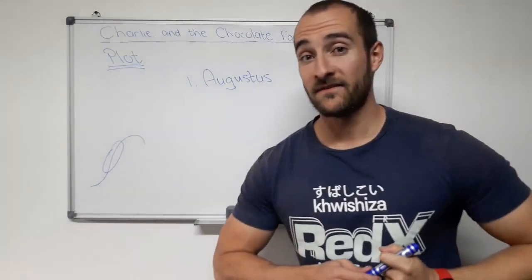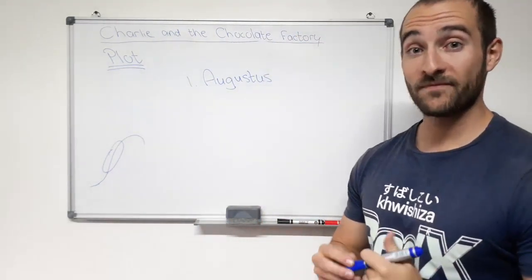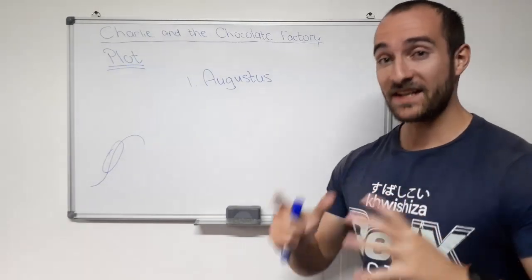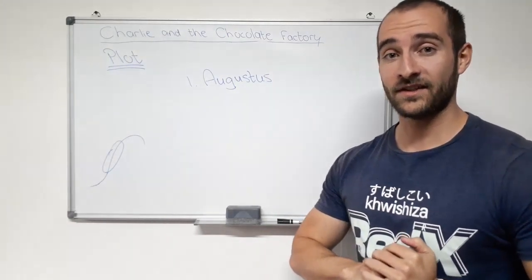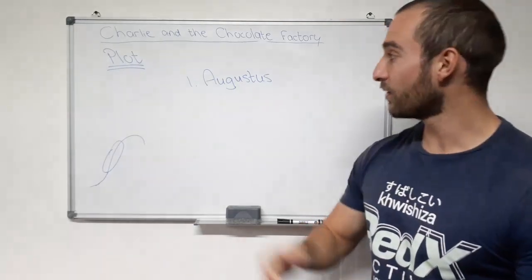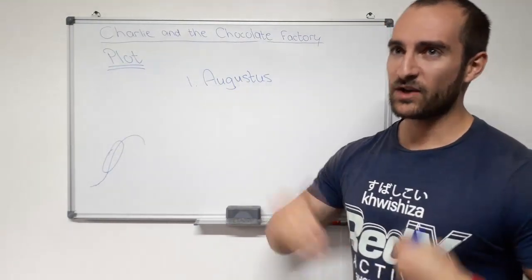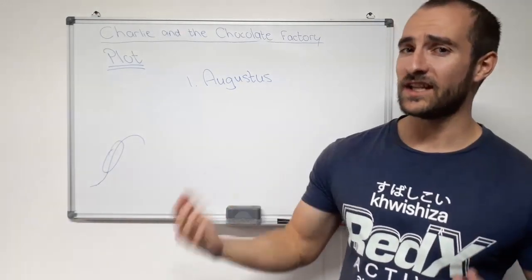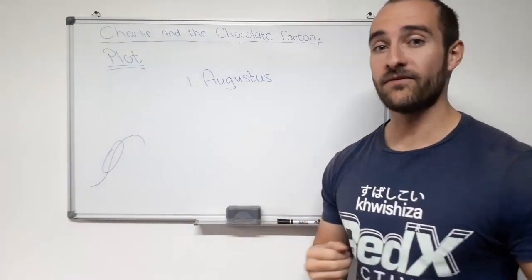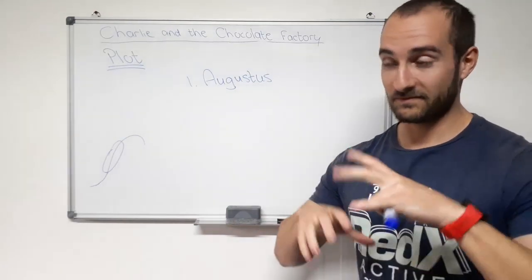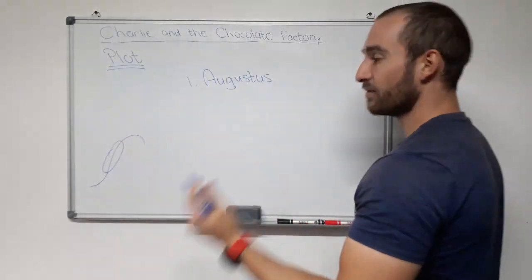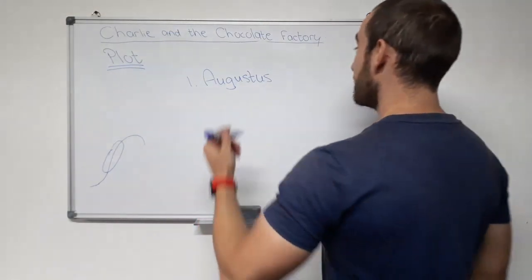We find out he's a very overweight young boy, which is a main characteristic of this character. Very important to remember, because all of these characters are in a way foreshadowed. So each of their personality traits are going to lead to their downfall at the end of the journey in the novel. So Augustus, our greedy boy, or gluttonous boy.